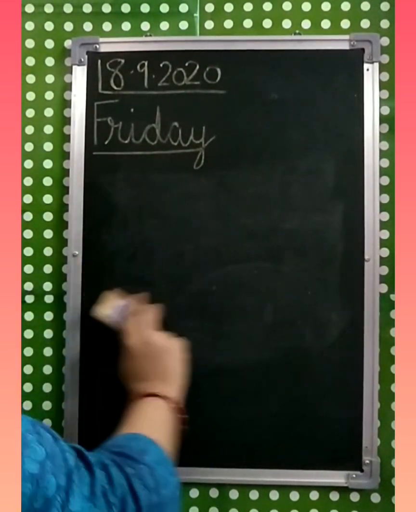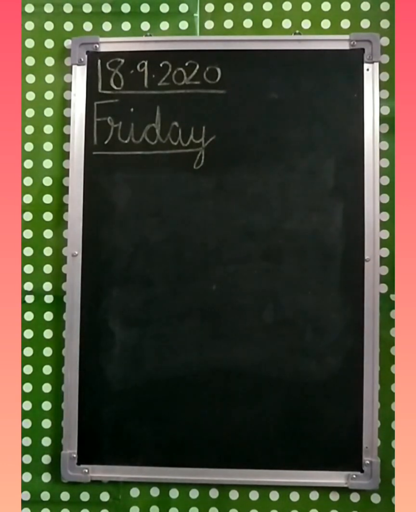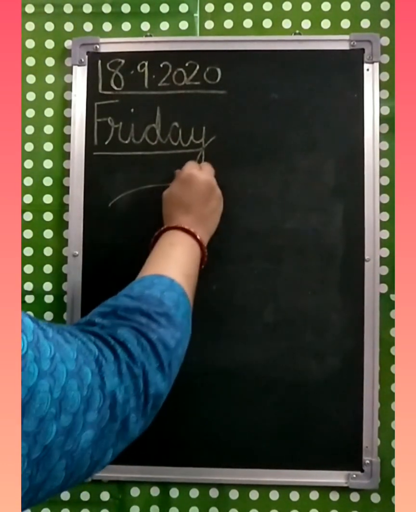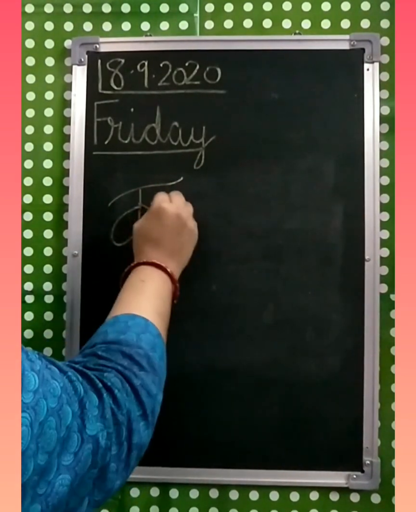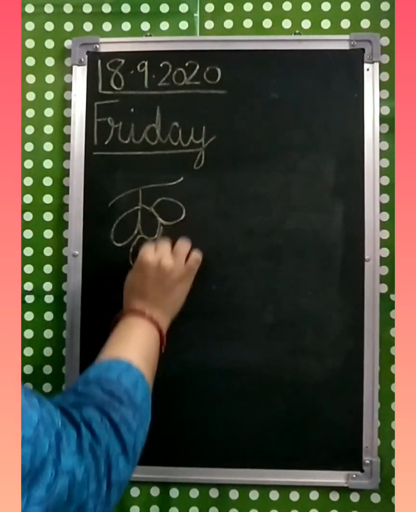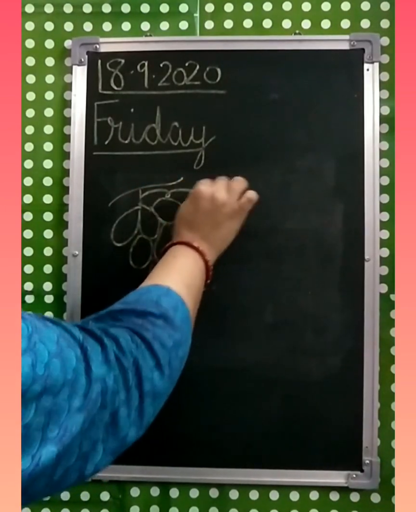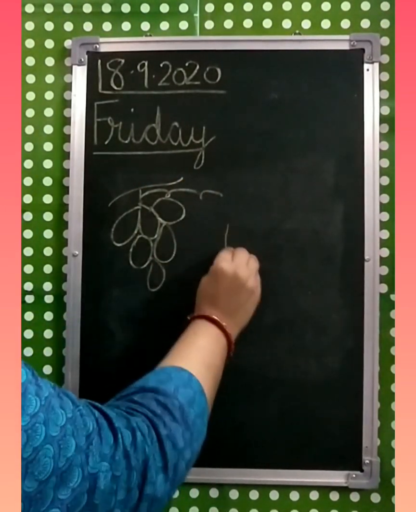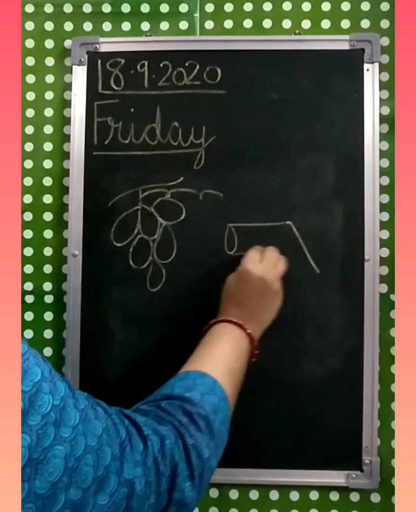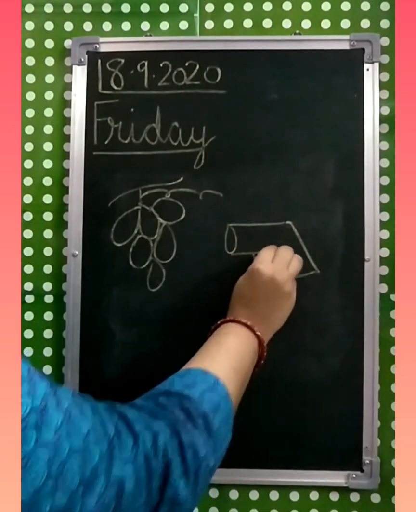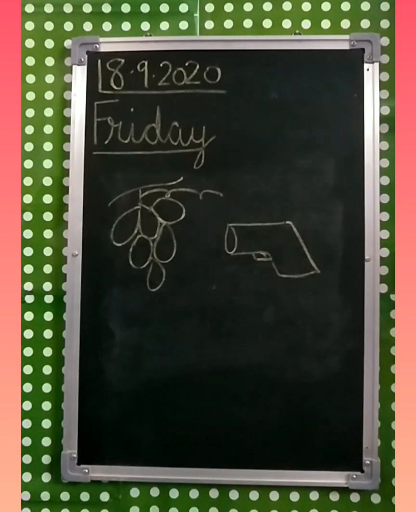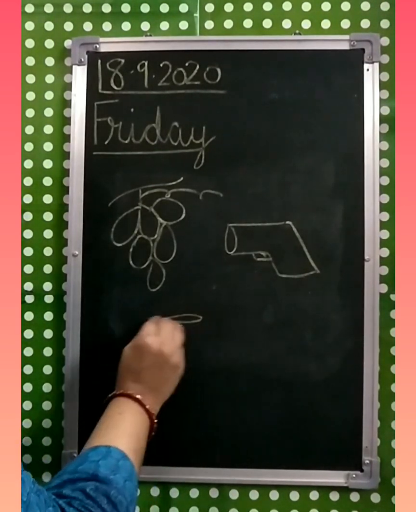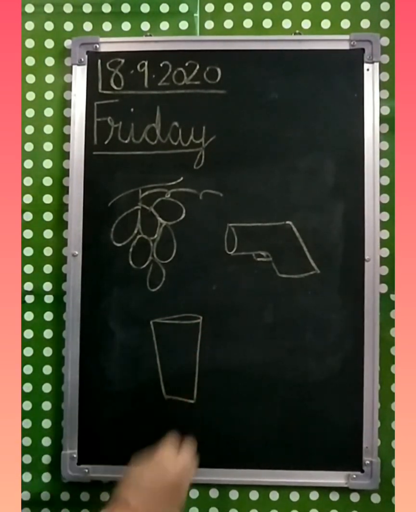Now you are going to tell me few objects of G. First is grapes. Right? Grapes. Then gun. Then glass.